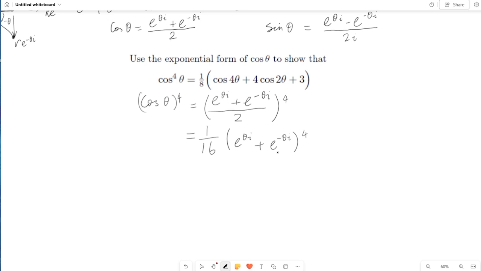That simplifies things greatly, because now we can just say, okay, 1/16 stays here, but inside, it's to the power of 4, so it should be 1, 4, 6, 4, 1 for the coefficients. And we end up with e to the power of 4 theta i, because it's to the 4.